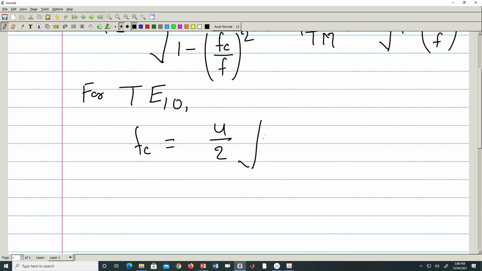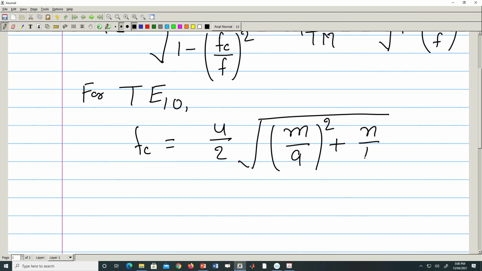Here a and b are the dimensions of the rectangular waveguide, and m and n are the mode numbers. For TE10, m equals 1 and n equals 0. So we can substitute the values and get the cutoff frequency for the TE10 mode.